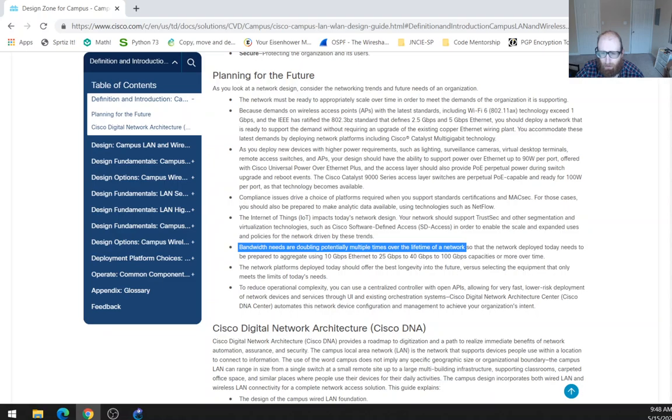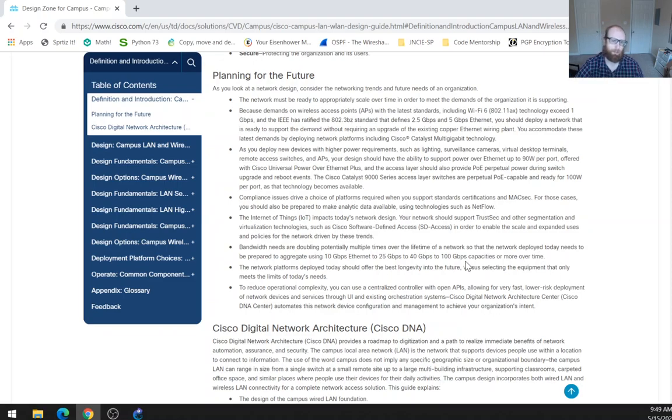So if you have a network and you think all you need is 10 gigabit per second, that's going to double to 20 to 40 to 80, which I guess you're fine with here, but yeah. So this I'm not too skeptical of.